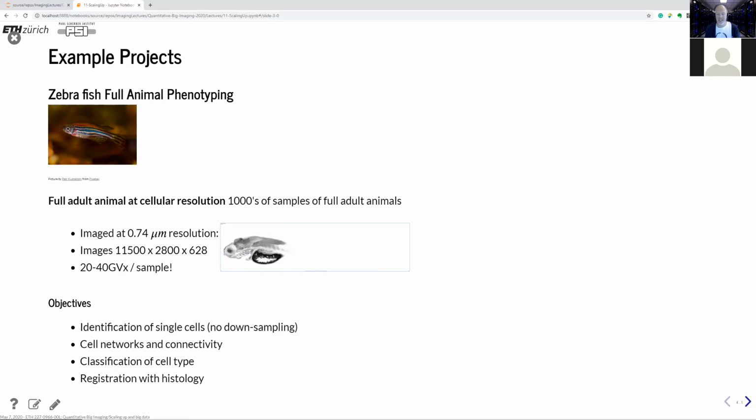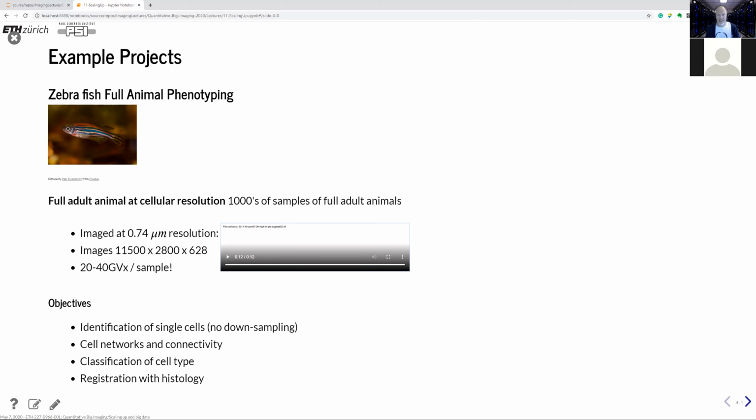The resolution is below a micron, so the images are 11,000 by almost 3,000 by 600 voxels, and that is 20 to 40 gigavoxels per sample, a huge amount, and you can't really handle it.